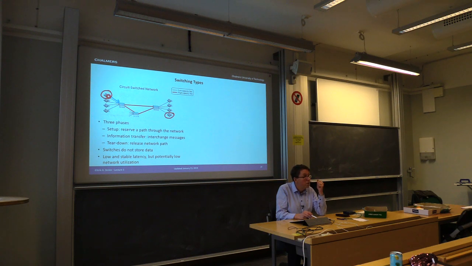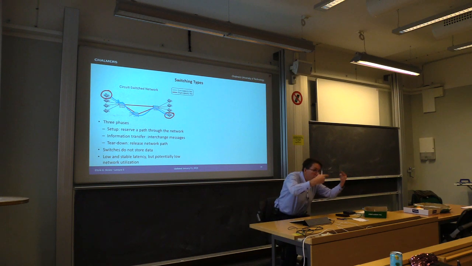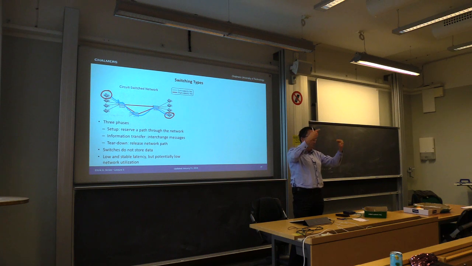The initiating party dials the number, and the number explains to the switch which other phone the initiator would like to talk to. Okay? And then it's up to the switch to figure out a route through the network, and maybe the route is like this. It goes like this to this switch, up to this switch, and then over to this switch here. And then all these switches, you can think of them as electrically connecting the input and output ports, physically connecting, as it was in the early days, right?